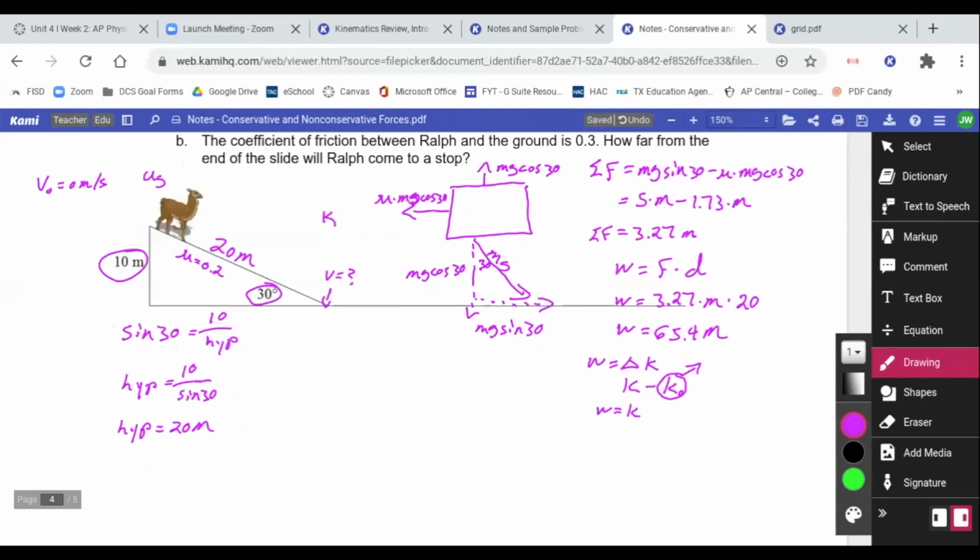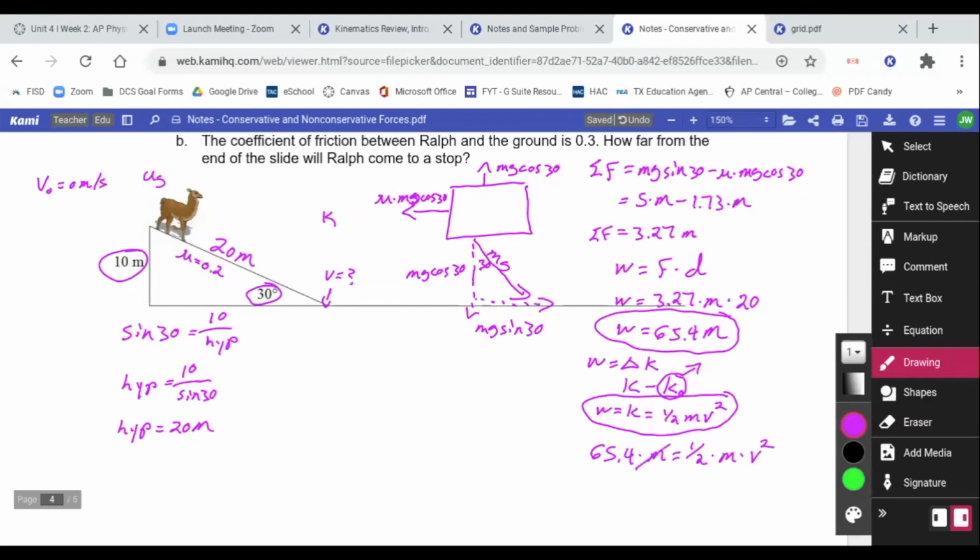Well, work is equal to kinetic energy, and kinetic energy is equal to 1/2 mv squared. We said that work is equal to 65.4 m, and we said that work is equal to 1/2 mv squared. Let's set those two equal to each other. 65.4 times m is equal to 1/2 times m times v squared.